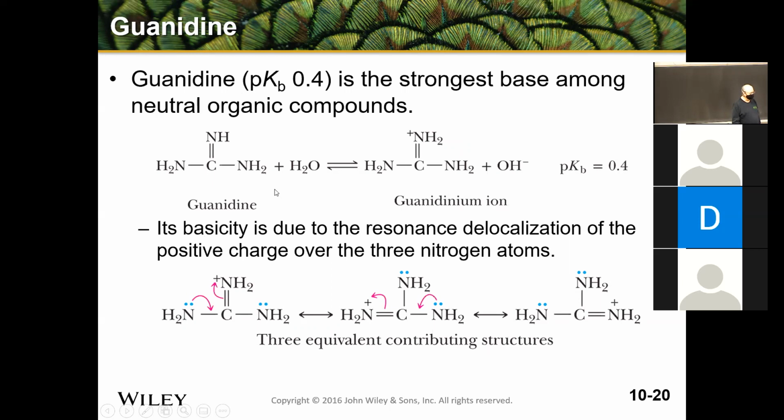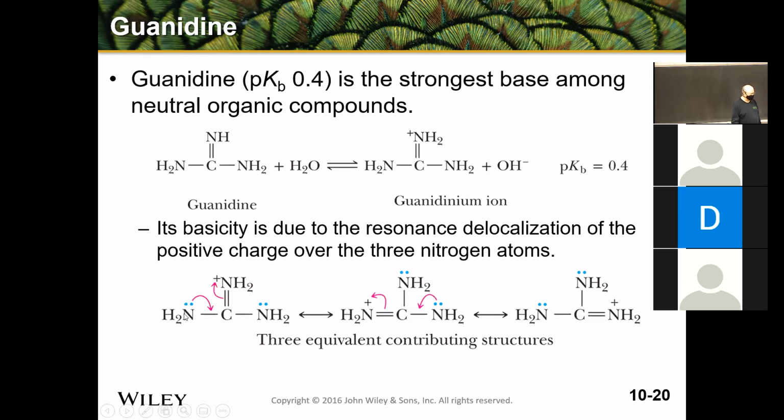Okay, so here's guanidine. And if we protonate this nitrogen that's doubly bonded, this nitrogen up at the top picks up a proton. This ion is now resonance stabilized. We can spread that plus charge over all 3 nitrogen atoms.